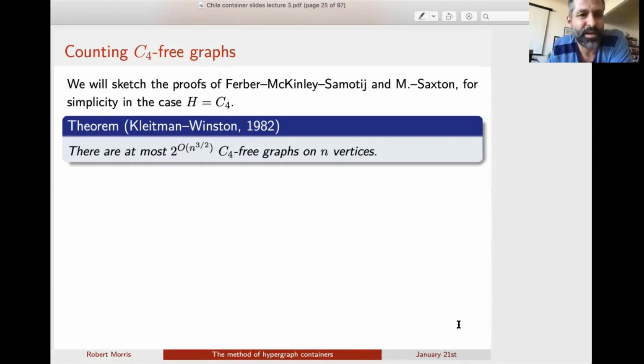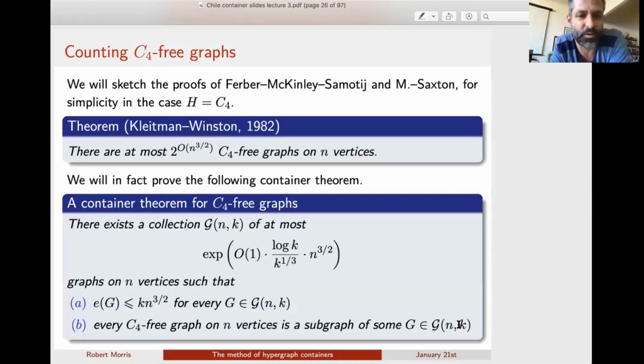Okay, so let's sketch the proof of, actually only of Ferber, McKinley, and Samotij. I'll just say a few words, maybe if there's time, about my result with David Saxton. Right, so we're going to prove the following container theorem. We're going to deduce Kleitman-Winston from the following container theorem that says, for each k, where k needs to be bigger than some large constant, there's a collection G(n,k) of this many graphs, each one with at most k times n to the 3 over 2 edges, and which cover the C4-free graphs.